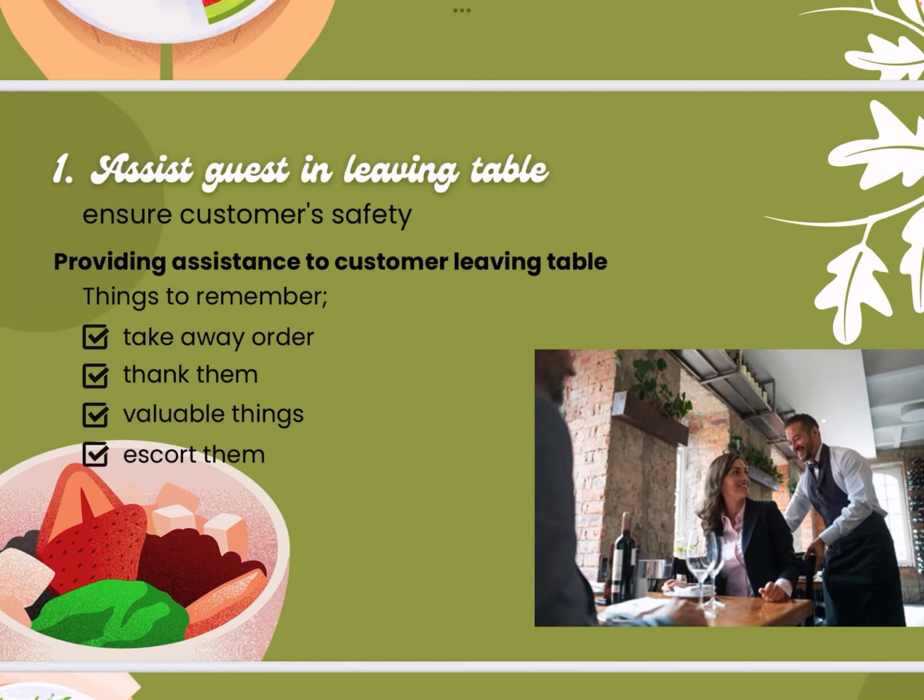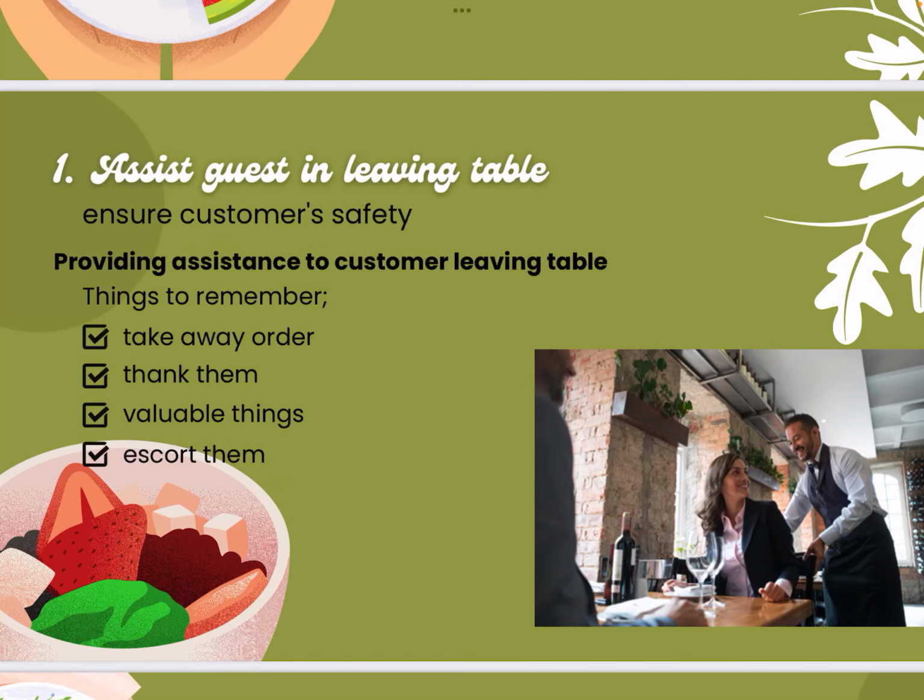What are the things to remember? If they do have a takeaway order, make sure that you give it to them. And as we all know by now, we have to thank them right after they finish their meal. Watch for valuable things like cell phones, sunglasses, reading glasses, or anything that they may leave.